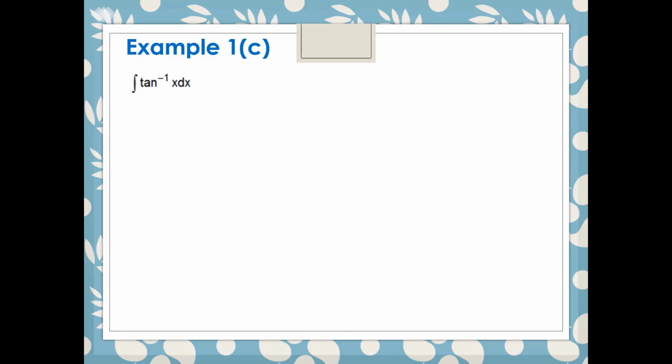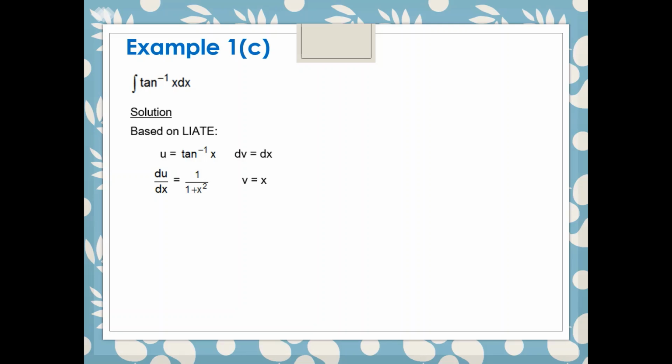Therefore, u is equal to arctan x and dv is equal to 1 dx. Differentiating u with respect to x here means you need to differentiate arctan x. The answer should be 1 over 1 plus x squared. You can refer to the list of standard formulas in the earlier page of the notes.